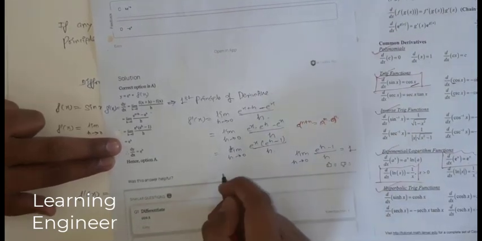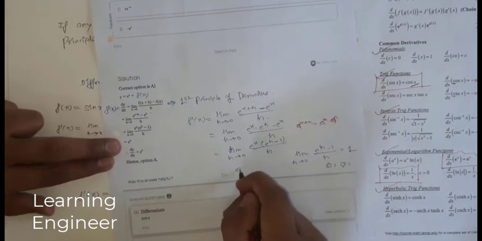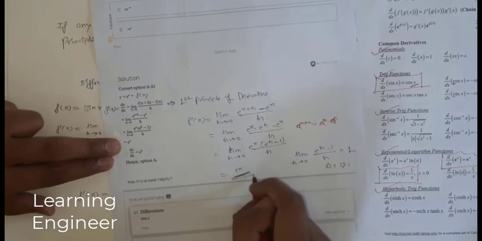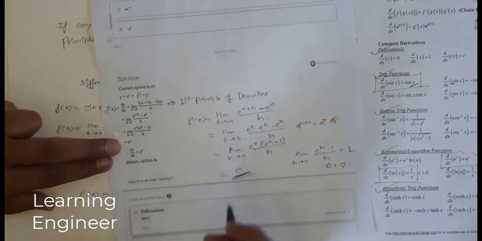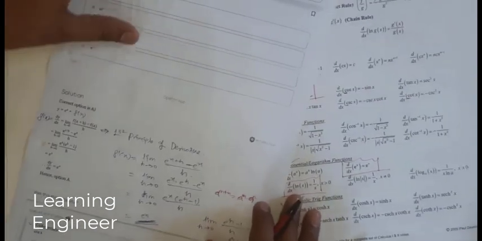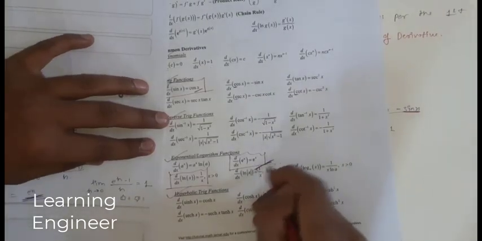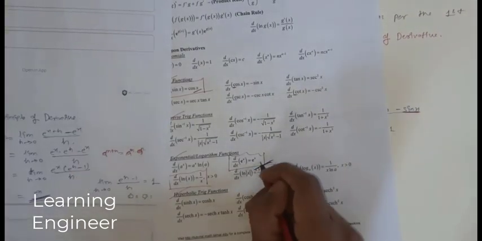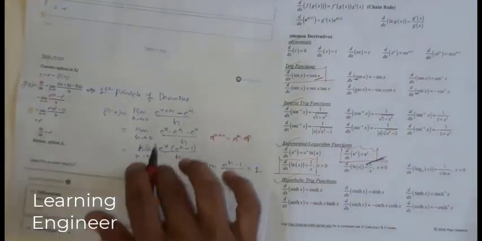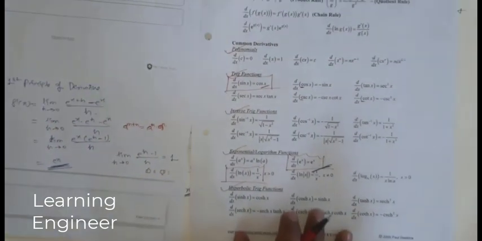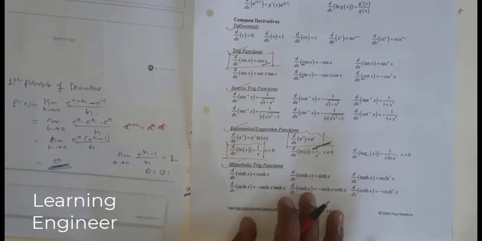So what we are getting is e raised to x. So the derivative of e raised to x is e raised to x. We have proved this particular formula. This is how we get all these formulas, by using the first principle of derivative only.